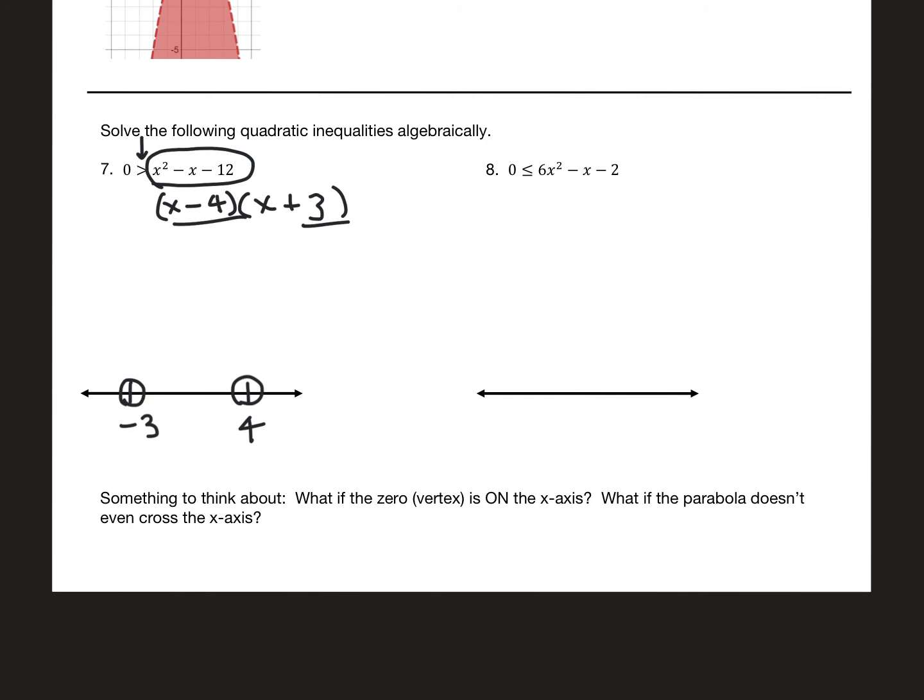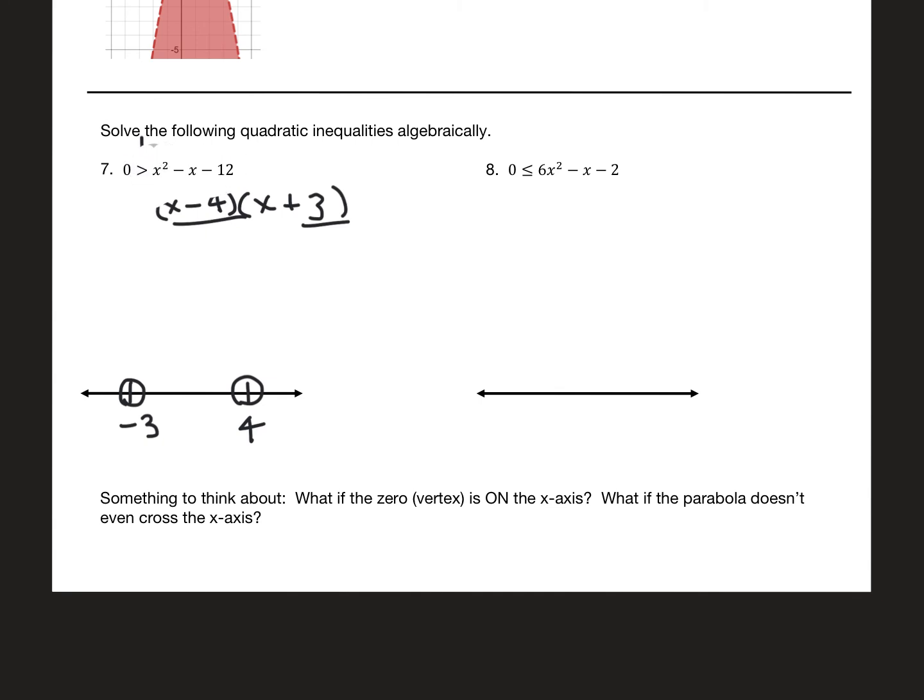Okay, and if you get anything out of this video at all, and if I have to scream it, I will: do not shade based on where this stupid sign is pointing. Okay, that stupid sign is not going to tell you where to shade. Okay, plugging in a number will tell you where to shade.